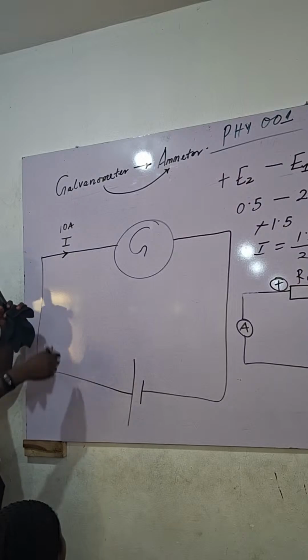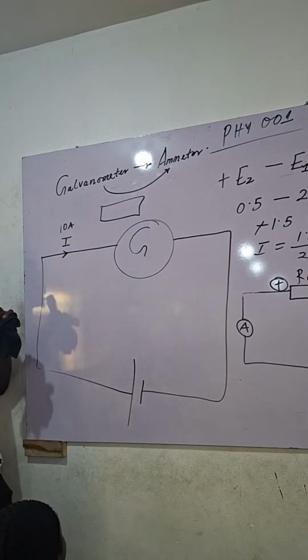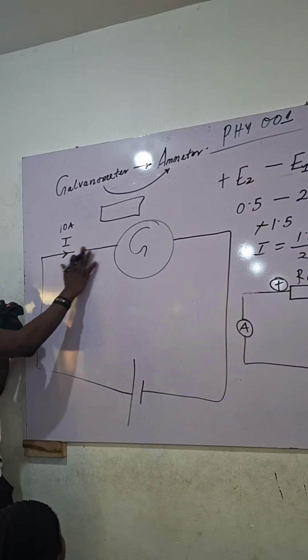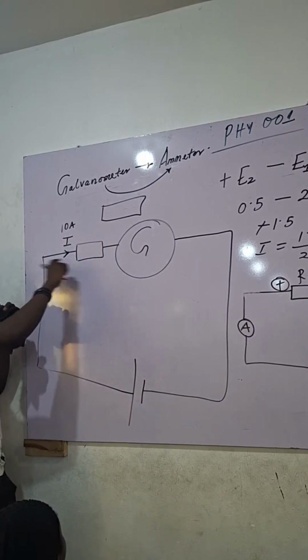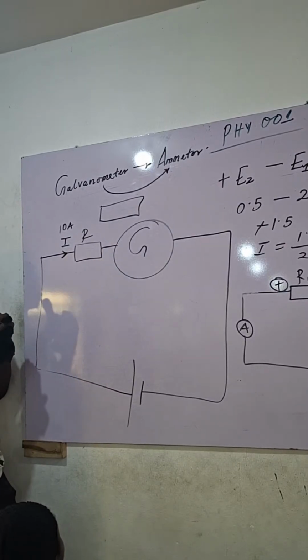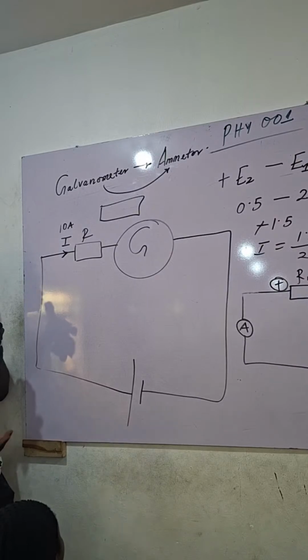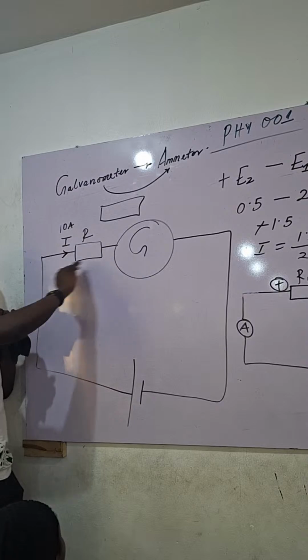What can I do? I can plug in a resistor. But that resistor, now look at the way I will plug it. Let's say I plug the resistor here. 10 ampere is what will pass through. Let's say I plug the resistor here. This is the galvanometer. What current will pass through this galvanometer? Because this resistor and the galvanometer are in what?